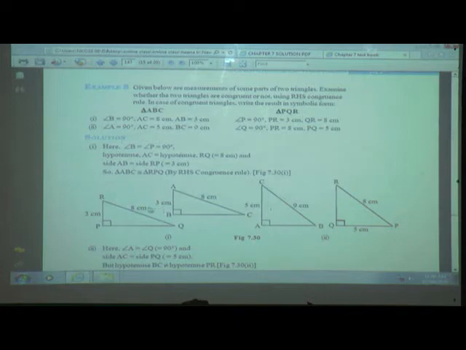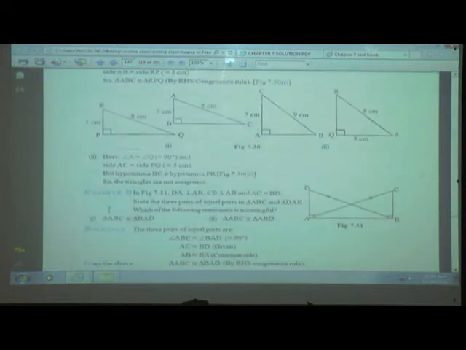Then we can say that triangle ABC is congruent to triangle RPQ, when one is the hypotenuse and one side of a right angle, as well as the 90 degrees. So both the triangles are congruent to each other.